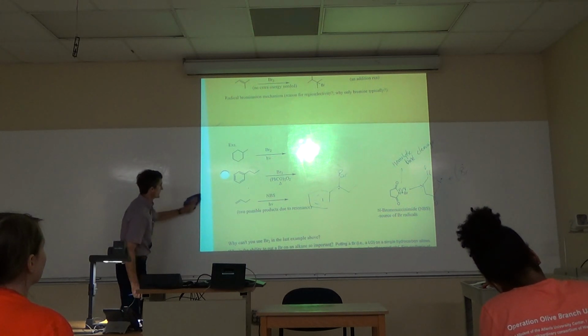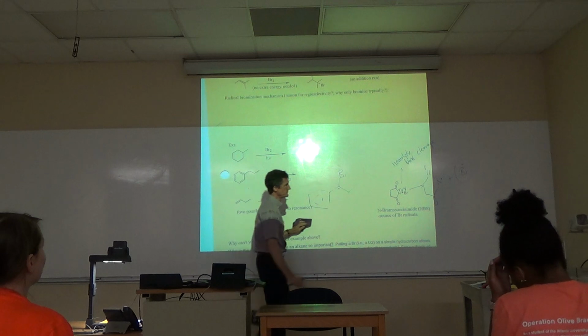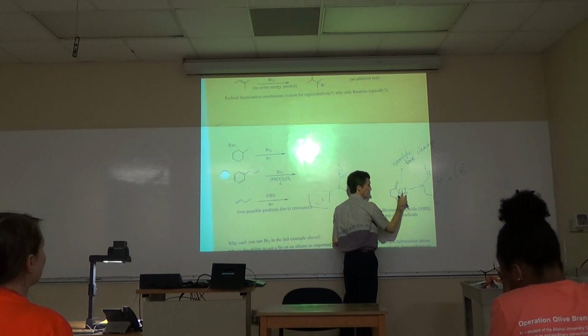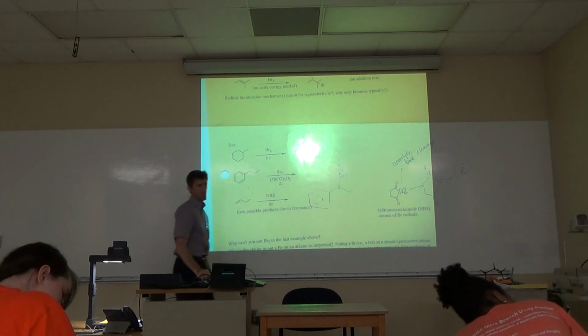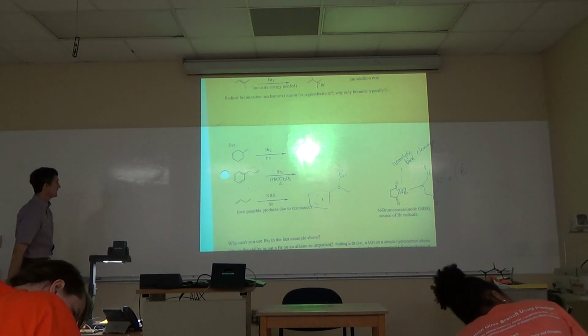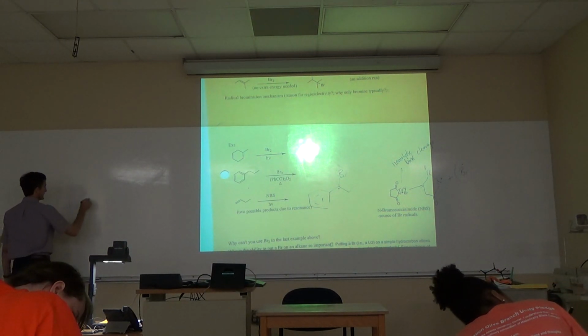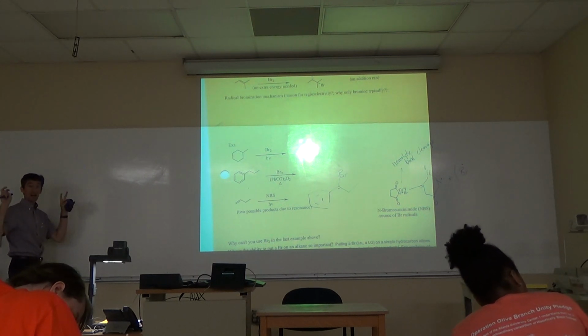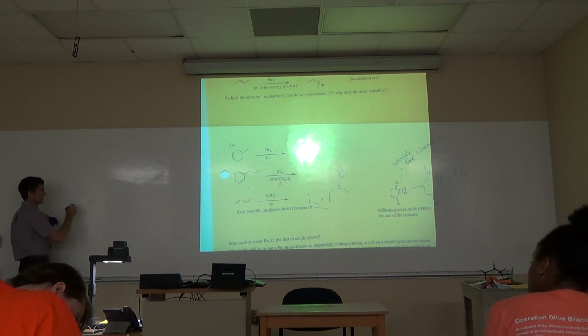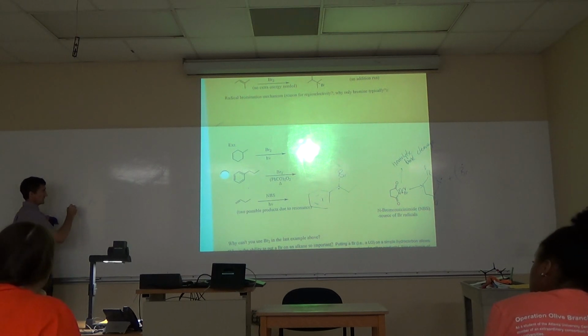Homolytic bond cleavage, when the bond cleaves, each atom gets one electron. On the other hand, if you took HBr and the bond cleaves by ionization, what happened? Yeah? And we get what?